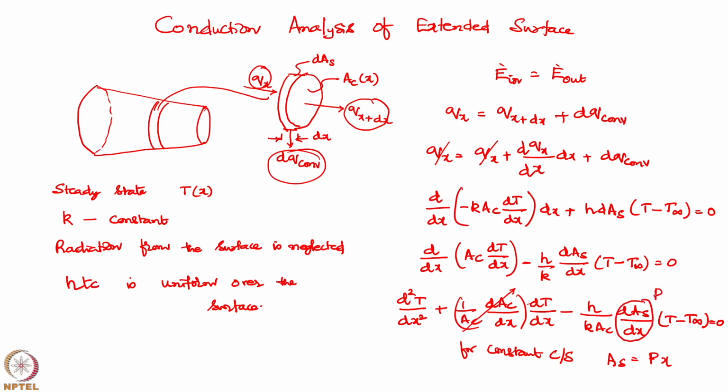If we substitute these two, we are left with a simple equation: d squared T by dx squared minus hP by k Ac into T minus T infinity equals 0.